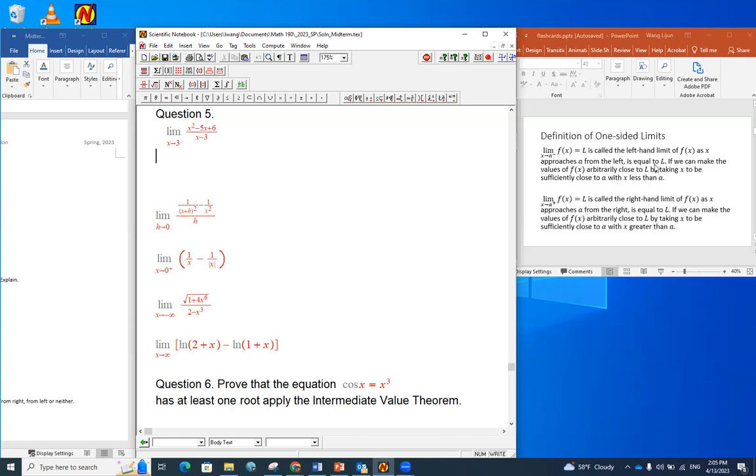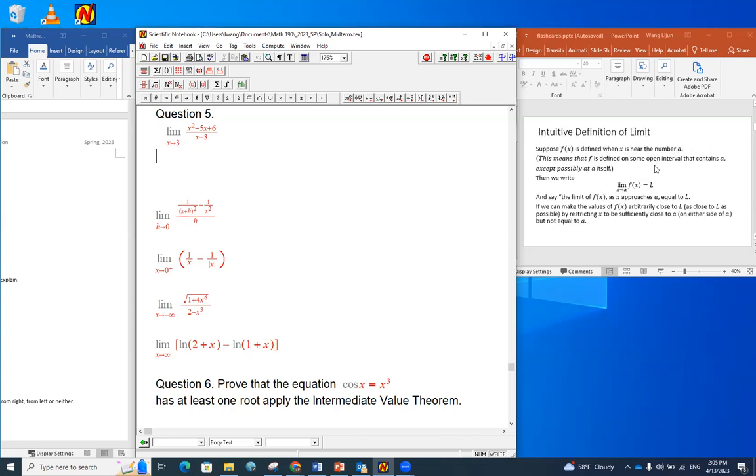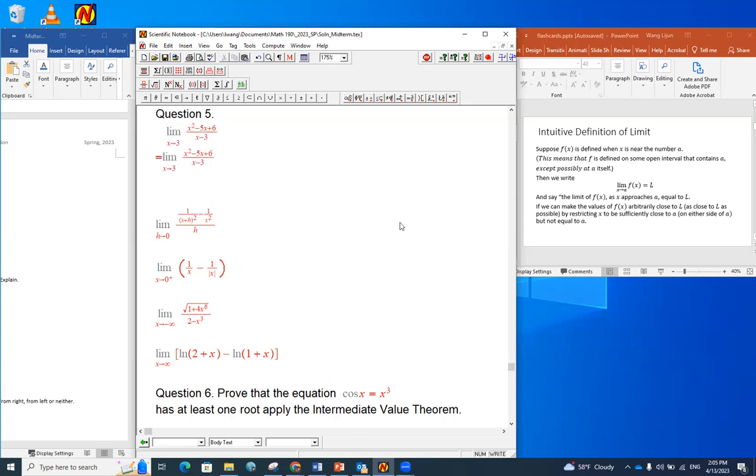Okay, so here's the intuitive definition of limit. We have x approaching 3, right? As x approaches 3, by definition, x is approaching 3, but x cannot be 3. So x is approaching 3 infinitely close.